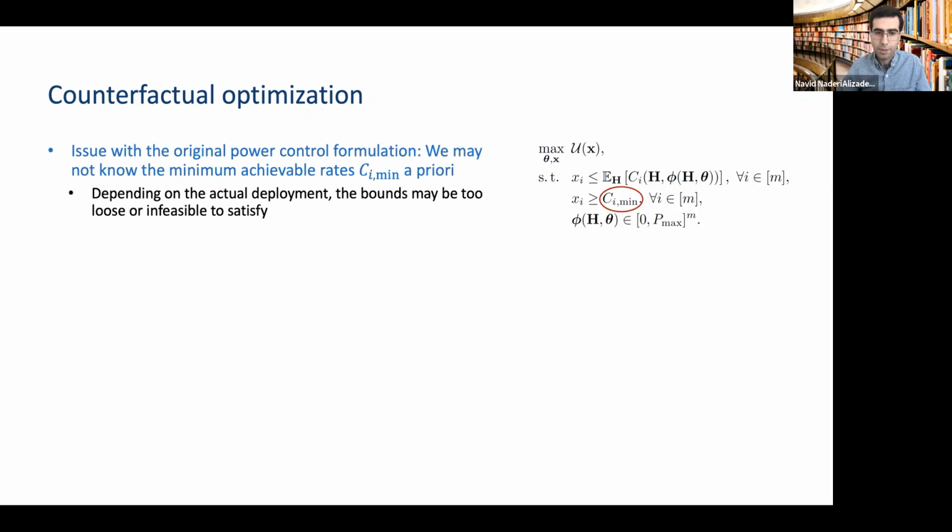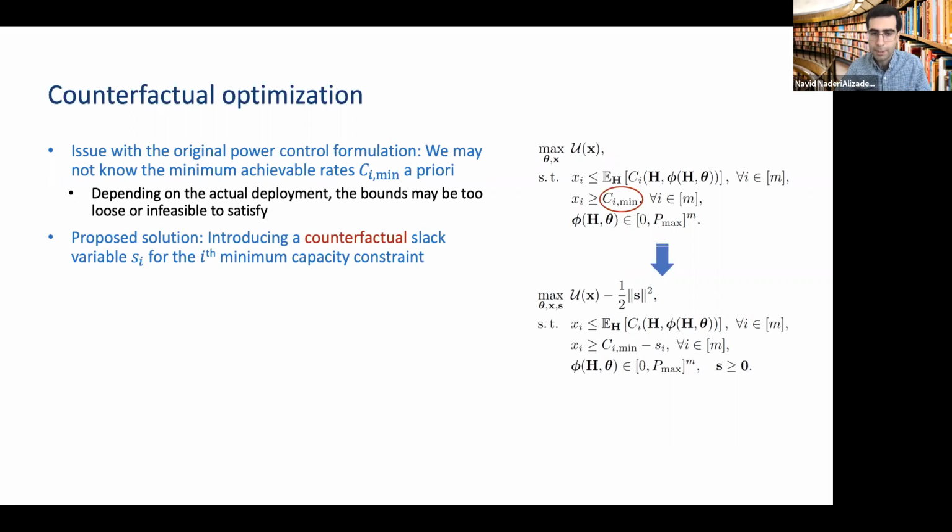If you set them too loose, they might be very easy to satisfy. At the extreme, you might set them equal to 0, so you would effectively have no minimum capacity constraint. But if you have a very dense network with a high level of interference, and you set this minimum capacity constraint at a high level, then it might be really infeasible to satisfy.